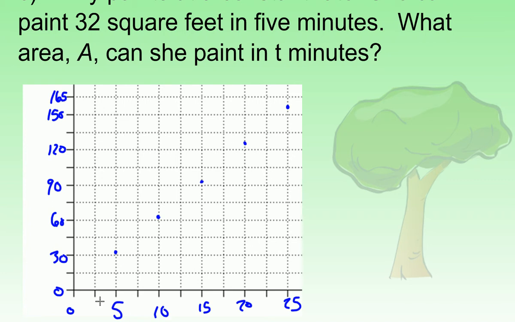And just to show that they are in a line, look at that. It's perfect. So that is a straight line.